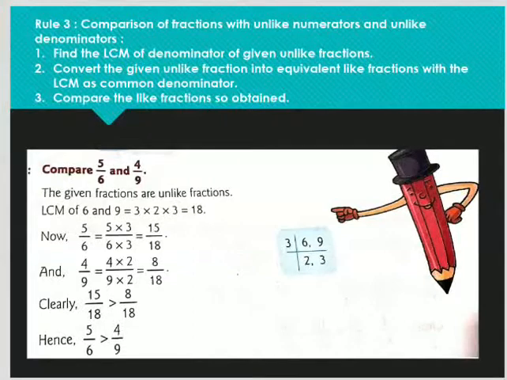Now 15 by 18 and 8 by 18 are both equivalent fractions, or you can say like fractions, since both the denominators are the same. The one having the larger numerator is the bigger one, and the one having the smaller numerator is the smaller one. So 5 by 6 is greater than 4 by 9. It is very simple. Practice this type of question in your rough copy.